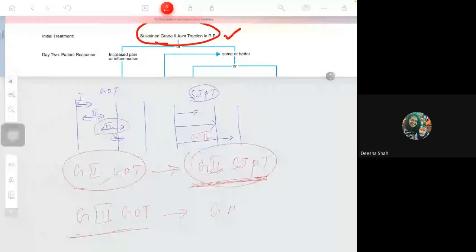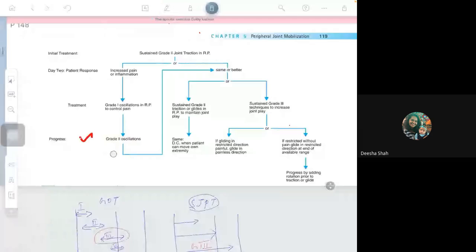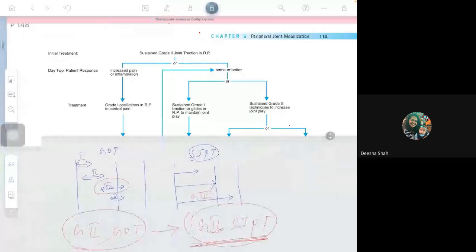Grade 3 SJPT. Clear? Before giving grade 3 GOT, giving grade 3 SJPT is necessary. Why? Now you see in this diagram, where is grade 3 GOT?